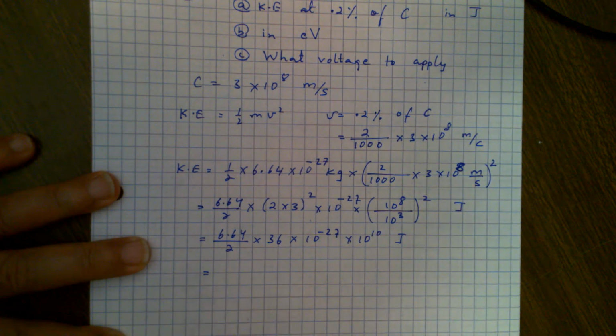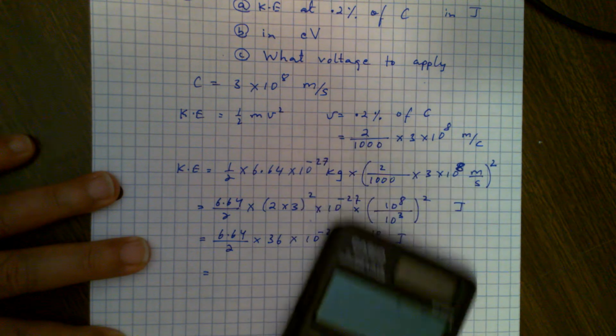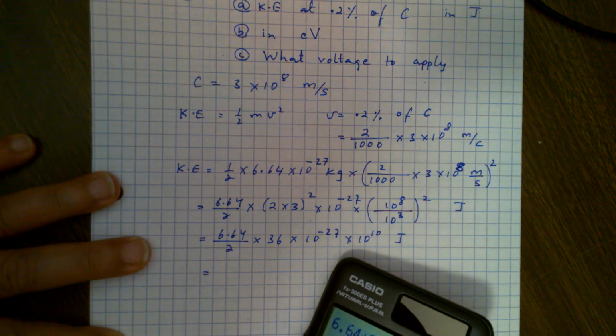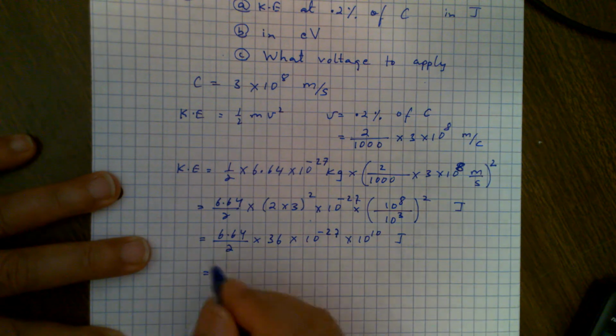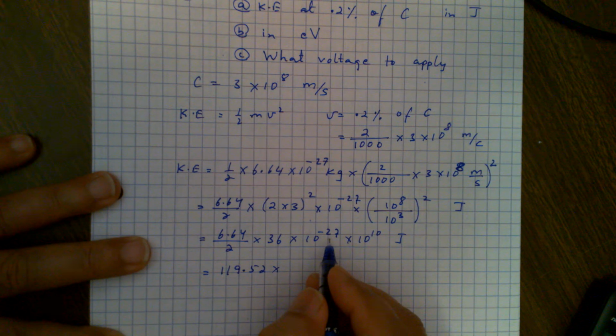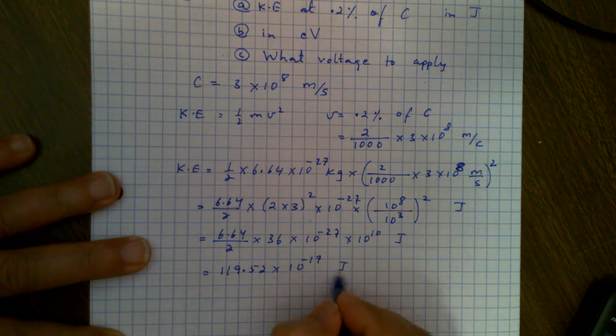So now at this stage I can put it in the calculator. So let me do that. 6.64 divided by 2 times 36 gives you 119.52. Then 10 to the power negative 27 times 10 to the power 10, so that's 10 to the power negative 17 joules.